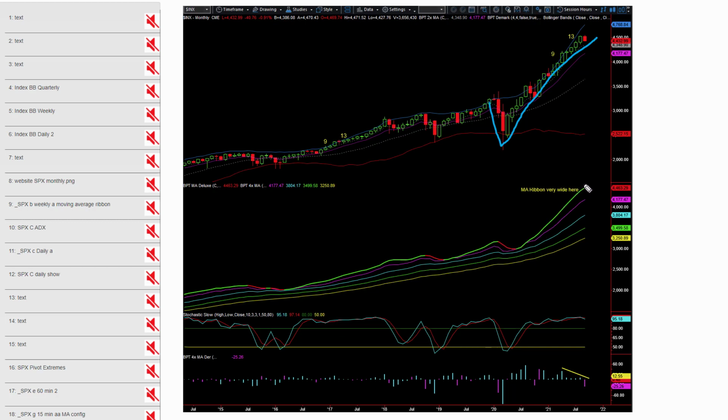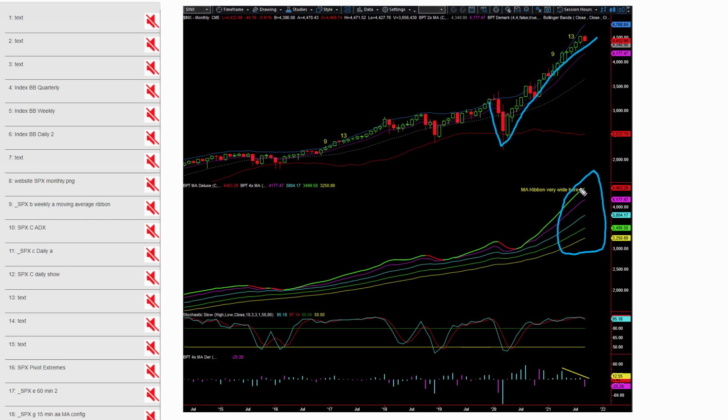But look, it's obviously green, but look how wide and expanded and away it is from the ribbon. Look how wide the ribbon is, right? It's too wide. Eventually, this is unsustainable. Whenever you look at the past, you rarely see it like this.